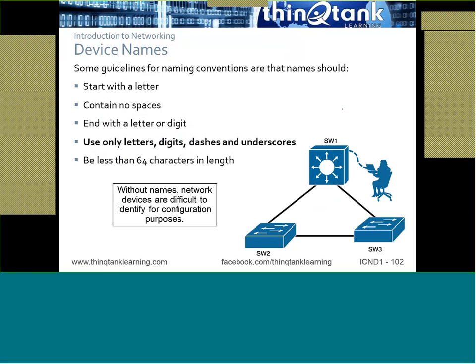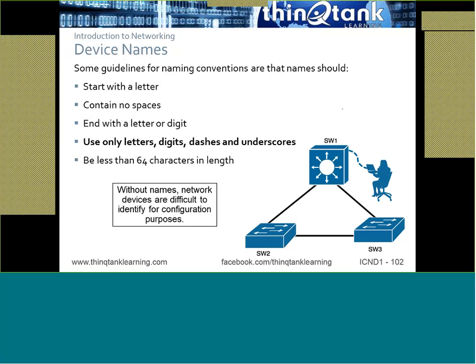So we give names to our devices for that purpose, but names also play other roles. They can be used for DNS. In voice, they can be used to identify things like MGCP gateways. They can be used to generate RSA certificate pairs. There's all kinds of things these names can be used for. A couple of rules. Number one, the name has to start with a letter.